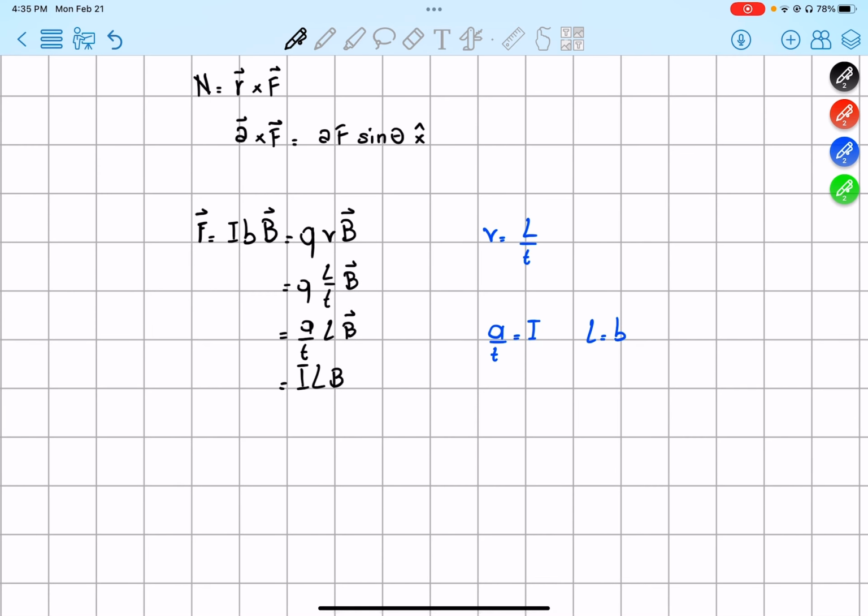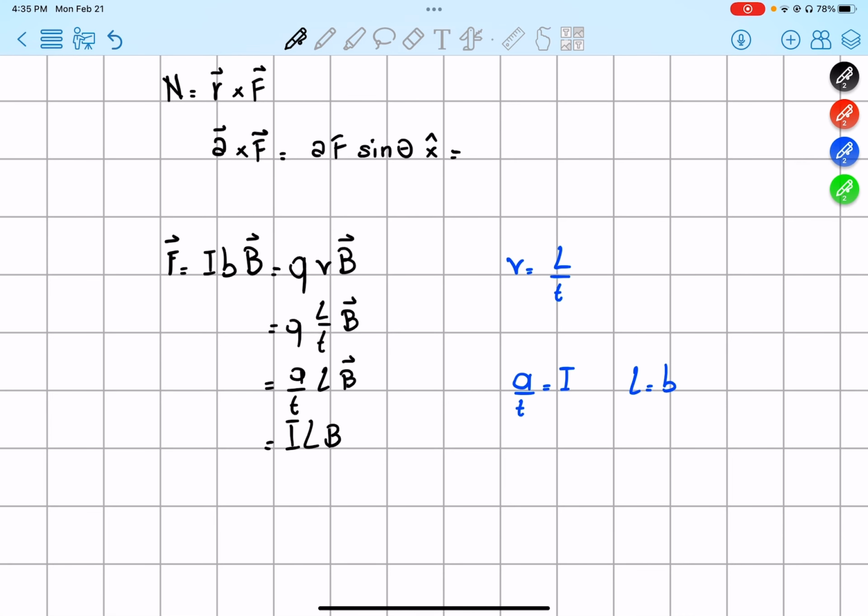So we can rewrite it, since we know that F is equal to ILB. We can write it as A times I times L times B times sine of theta in the x-hat direction. It'll be a cross product, so we'll just simplify that.